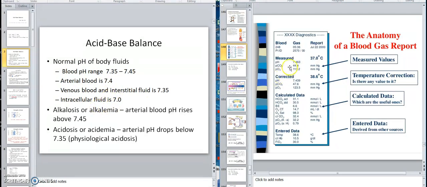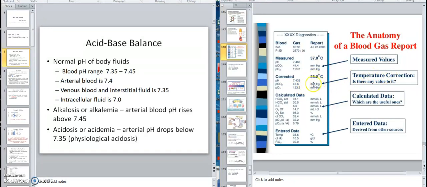Okay. So over here, since this is an arterial blood gas, that's a little bit high there. So this person is a little bit alkalotic. And we'll talk on that. Okay, it's just a generic deal here. All right. And there are the measured values, but here are the temperature corrected values.